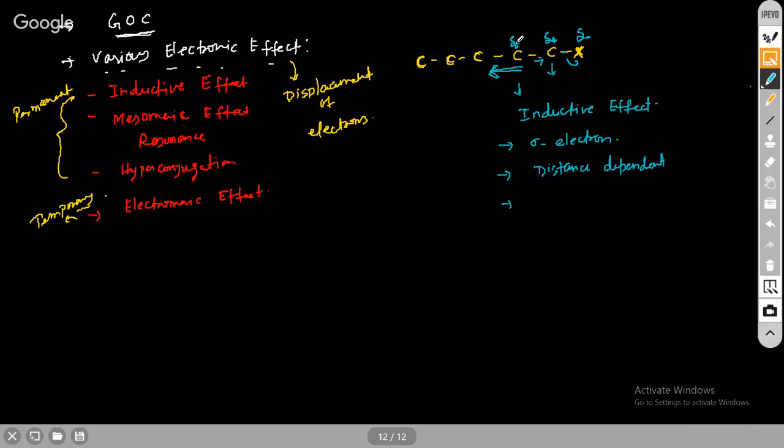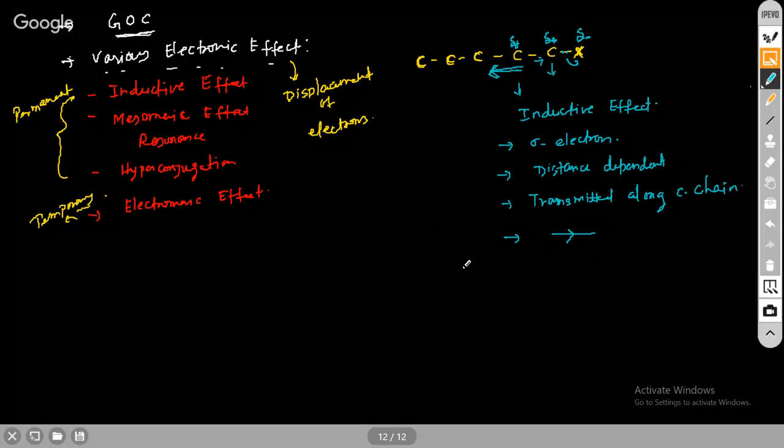The first thing: permanent effect, which I have written over here. Sigma electrons involved. Transmission and distance dependent effect, transmitted along the carbon chain, and it is represented by this arrow, meaning the electron is displacing from this side to this side.